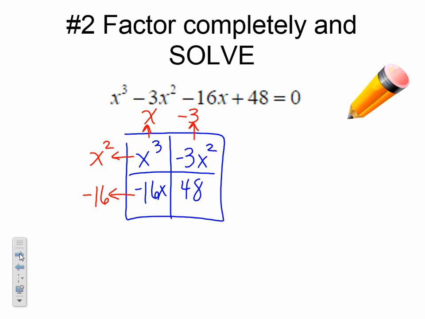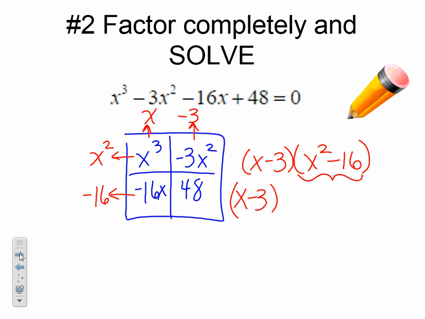So my factors become x minus 3 and x squared minus 16. So far, so good. Now I'm still noticing that I have an x squared minus 16, and I remember that 16 is a perfect square number. Because this is a difference of perfect squares, I'm going to continue factoring that x squared minus 16 into 2 more pieces, x plus 4 and x minus 4.